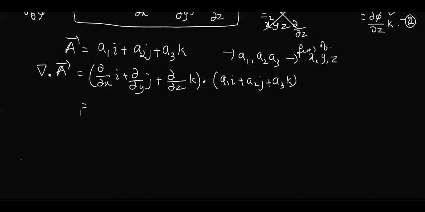Tell me what is the dot product of this? Dou a1 by dou x plus dou a2 by dou y plus dou a3 by dou z. Don't think that it is going to be 0, because a1, a2, a3 are functions of x, y, z, so obviously something is going to be obtained. Some answer will be there. It's not 0.